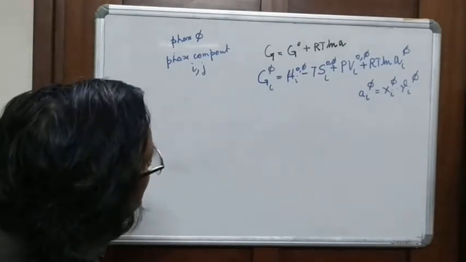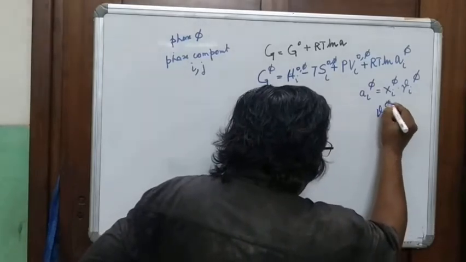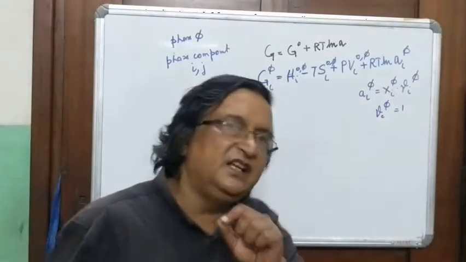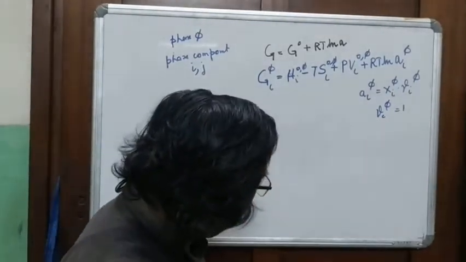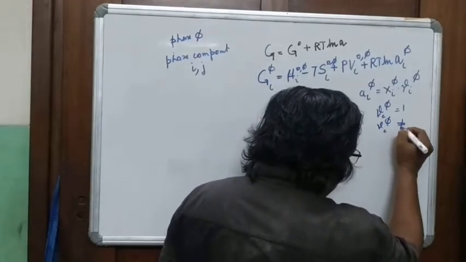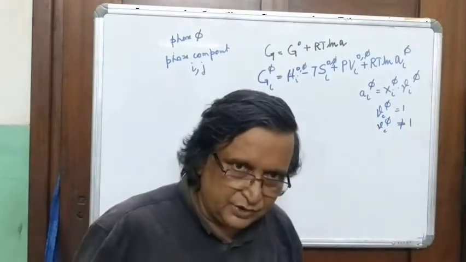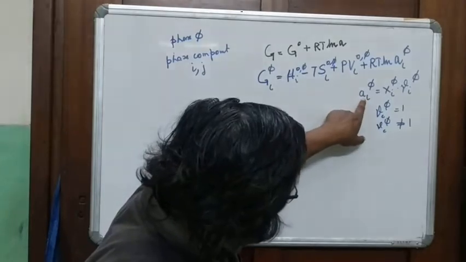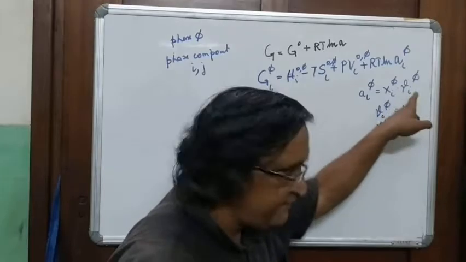Now, when gamma I phi is equal to 1, it's called an ideal solution. And when gamma I phi is not equal to 1, then it's called a non-ideal solution. When gamma I is equal to 1, then a_i is equal to x_i. Otherwise, we have this relationship.